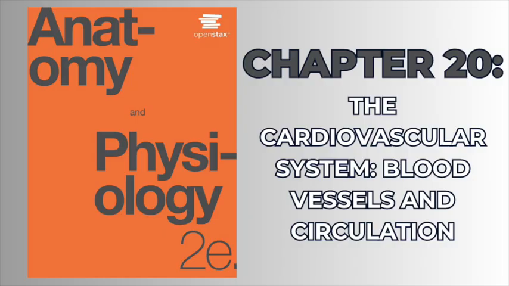Descending aorta: portion of the aorta that continues inferiorly past the end of the aortic arch. Subdivided into the thoracic aorta and the abdominal aorta. Thoracic aorta: portion of the descending aorta superior to the aortic hiatus. Abdominal aorta: portion of the aorta inferior to the aortic hiatus and superior to the common iliac arteries.